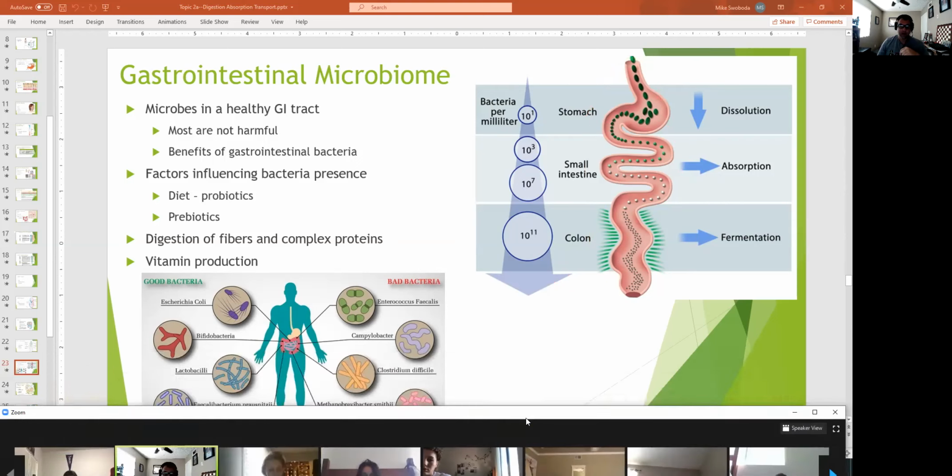If you look at this little bit here, this shows you in general good versus bad bacteria. Now, some of these you don't think of as necessarily being good, like E. coli.